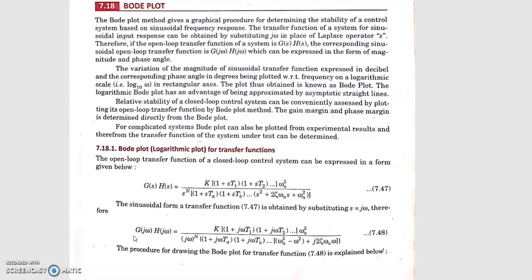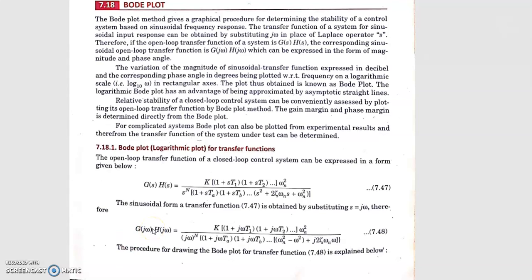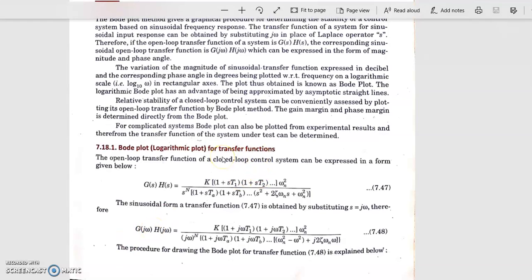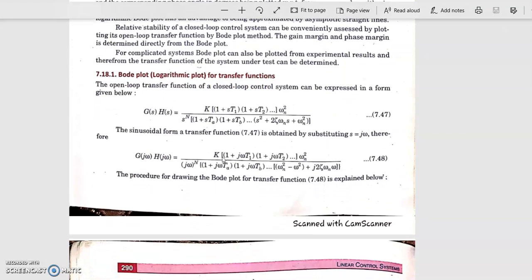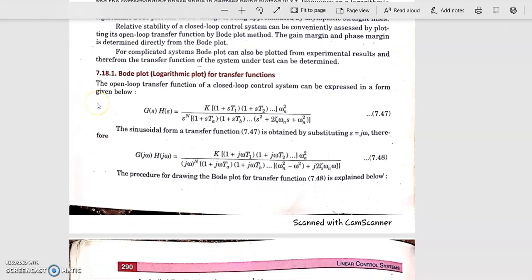So, coming to the basic concept about the Bode plot. We have considered section 7.18.1, the Bode plot, which is also known as the logarithmic plot for the transfer function. Look at equation number 7.47, that is the open loop transfer function.